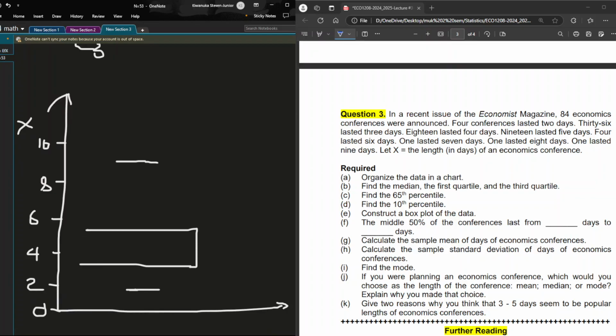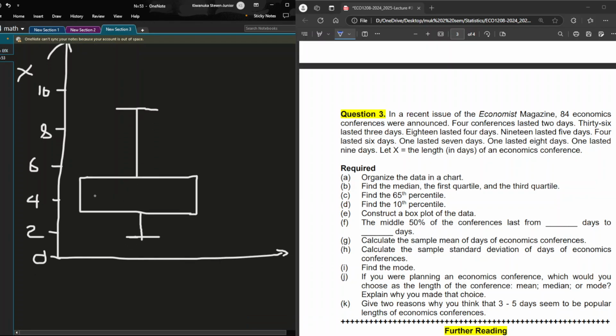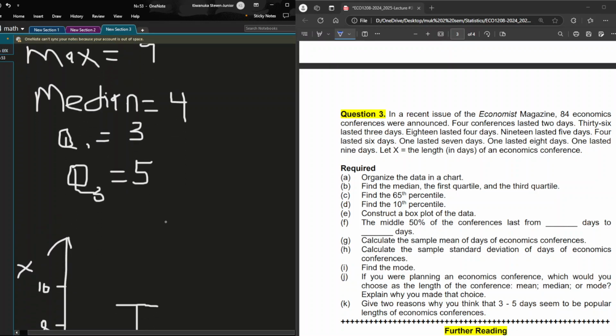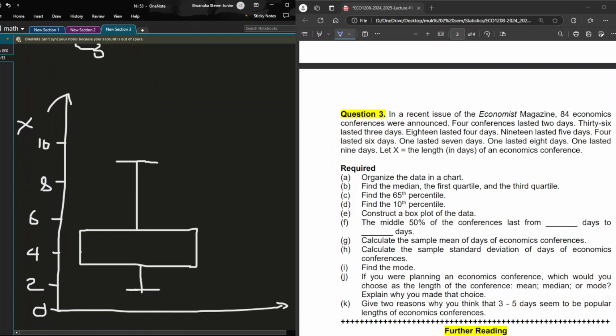So one thing to note is that this rectangle here occupies 50%. I'll join this to this, and we also join this to this. Then the median is the one which is always a solid line, and it is 4.